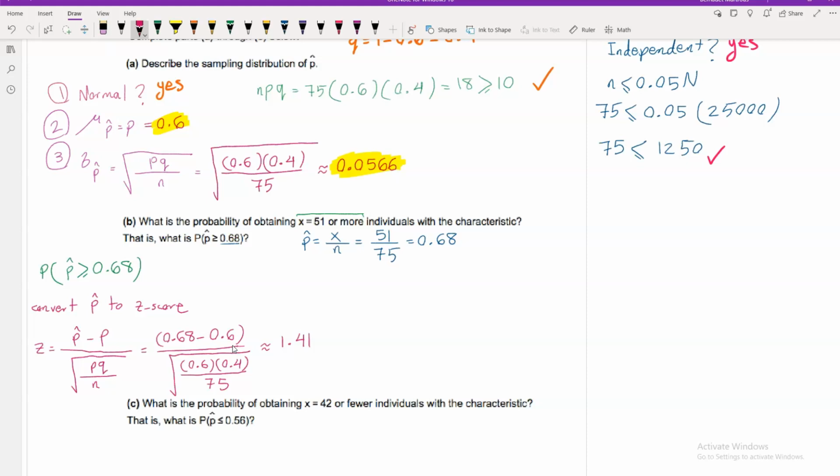But here I have 1.41. I'm going to use this one and then compare the answer with when we're not rounding z-score.